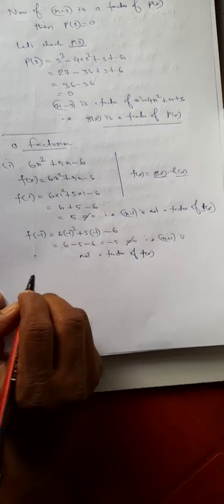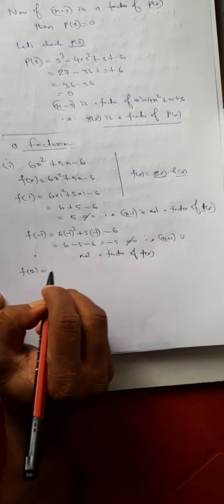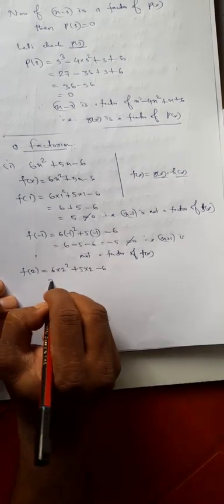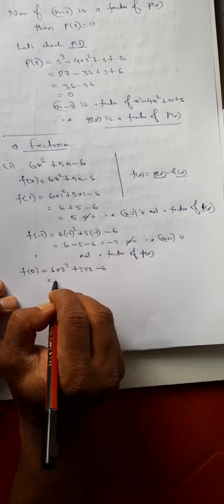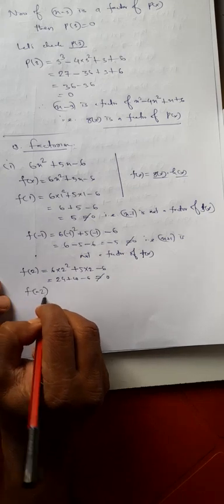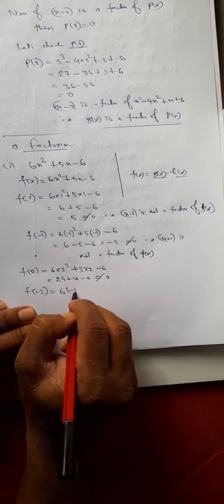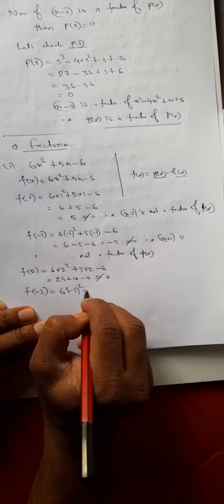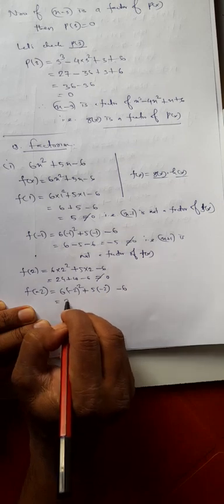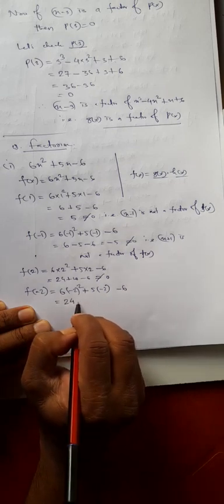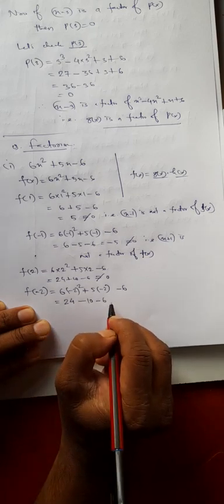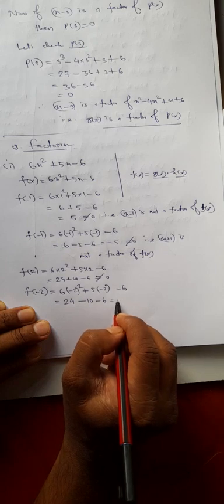Now let us try f(2) equals 6 into 2 square plus 5 into 2 minus 6. This is 6 into 4, 24, plus 10 minus 6, not equal to 0. f(minus 2) means 6 into (minus 2) square plus 5 into minus 2 minus 6. This is 24 minus 10 minus 6, not equal to 0.